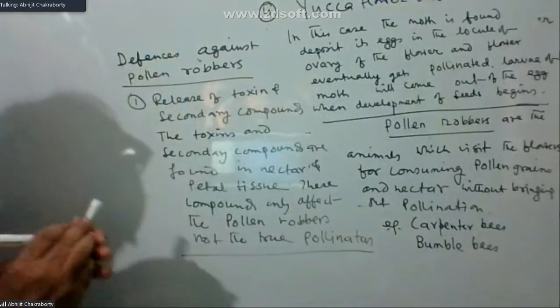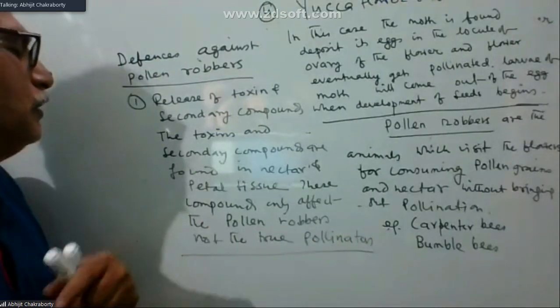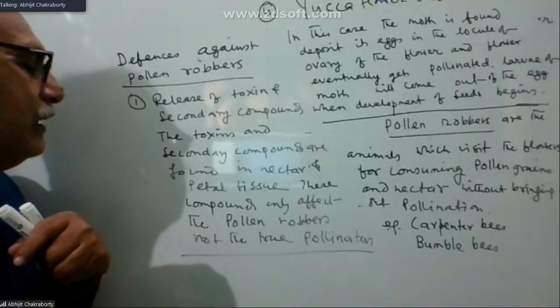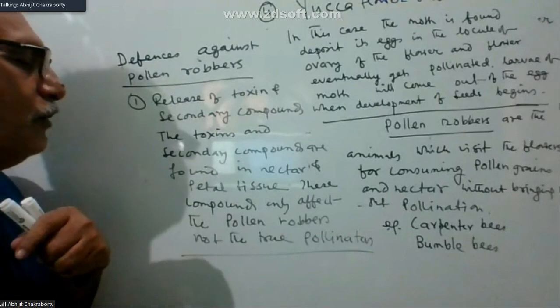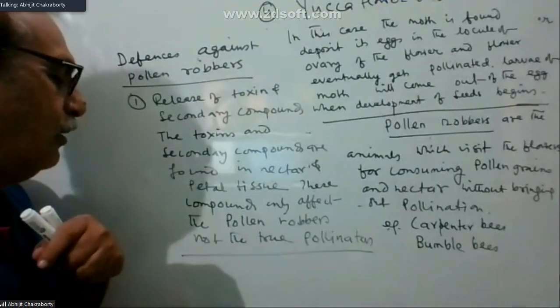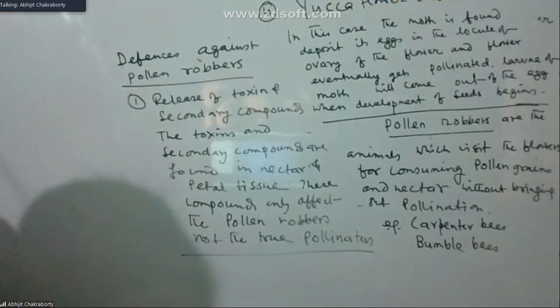Look here, release of toxin and secondary compounds. The toxin and secondary compounds are found in nectar and petal tissue. These compounds only affect the pollen robbers, not the true pollinators. Clear now?